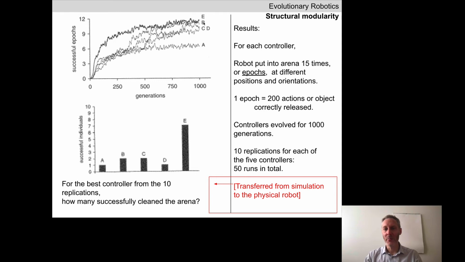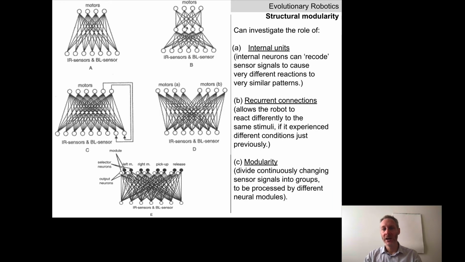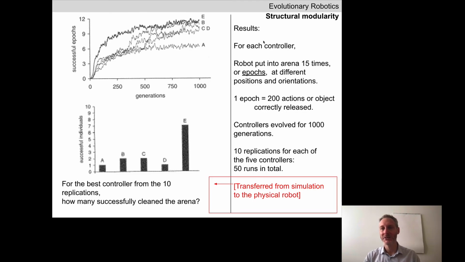You'll notice that B, C, D, and E did better than A. So definitely hidden neurons are useful in this task. And remember, hidden neurons allow nonlinear transformations from sensor values to motor values. That's nice, but that's not so important for our discussion today.